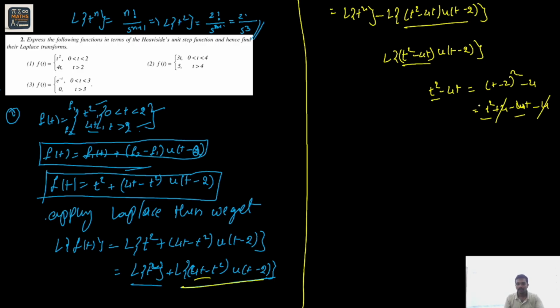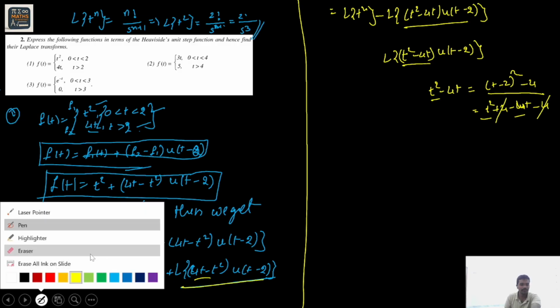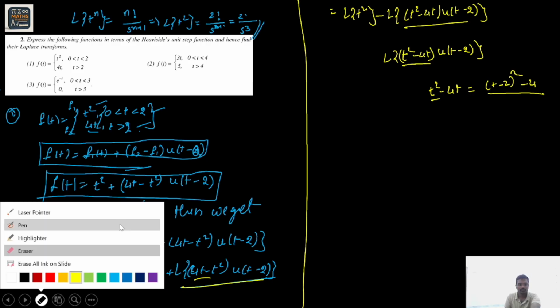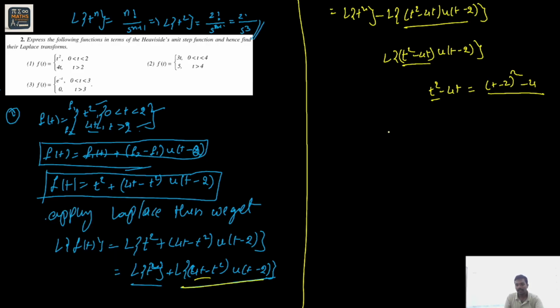So just substitute this term in t square minus 4t, then we get Laplace of t minus 2 whole square minus 4 into u of t minus 2.